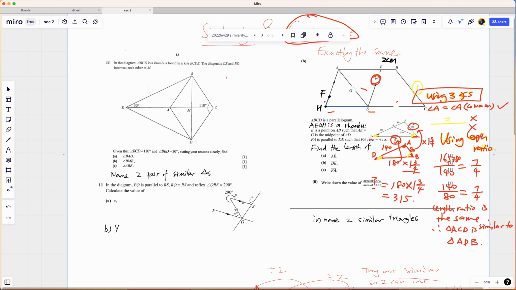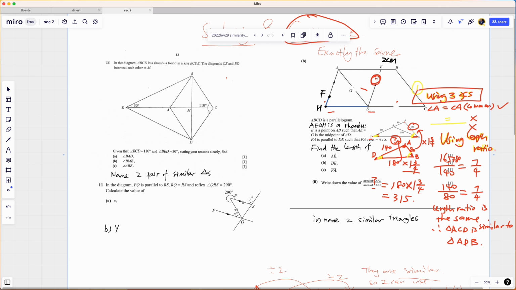So I think you can get this also. Okay? So that's how you get all the angles, which is 5 marks.